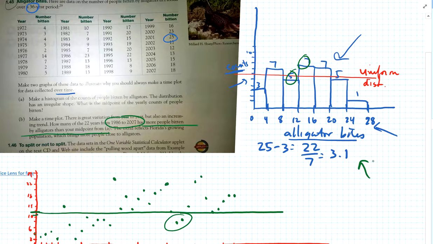Because the histogram says half the years got more than 12 bites, and half the years got less. But here from '86, it's all of them but 2. So it tells a little bit different picture. So sometimes time graphs are definitely more valuable than histograms, and that's what we want you to recognize here. It depends on what you're trying to see as to which graph is more important. So there you have it.